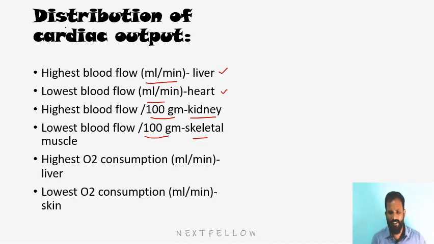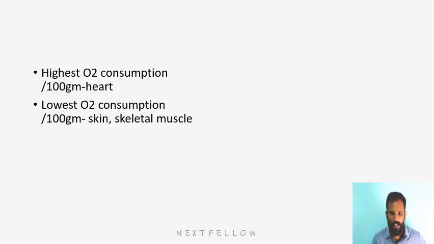And for utilization, the most metabolic organ is the liver, so it has the highest oxygen consumption in ml per minute, and the lowest oxygen consumption is in skin, also in ml per minute. Coming to the highest oxygen consumption with weight, the heart is the one, and the lowest is skin and skeletal muscle with weight.